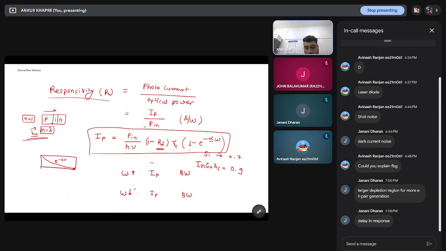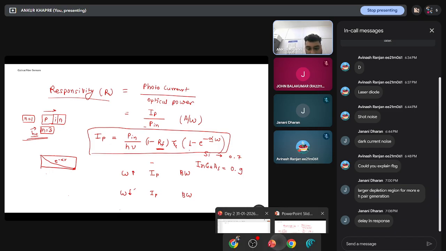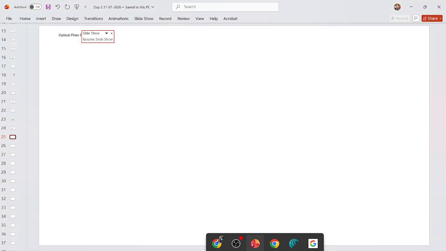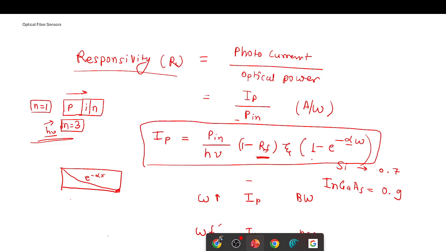As we discussed previously, one more thing, the response time. I'll just draw here. It should be like this, the square wave, but with delay in response, because of that you will get such kind of curve.